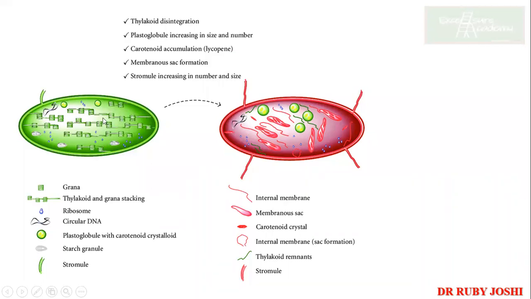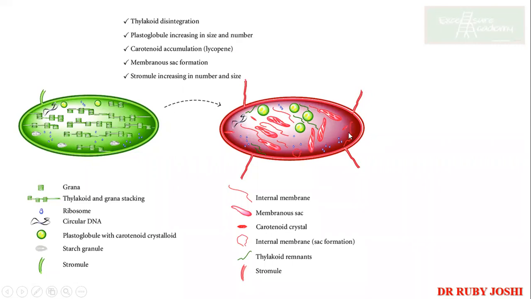Okay, so there is a big pathway involved in the degradation as well as in the formation of the carotenoids, but at this level it is not required to know what genes are getting activated and so on. What you need to understand is that the chloroplast components like the thylakoid or the stromule are all getting differentiated to the carotenoid conditions.